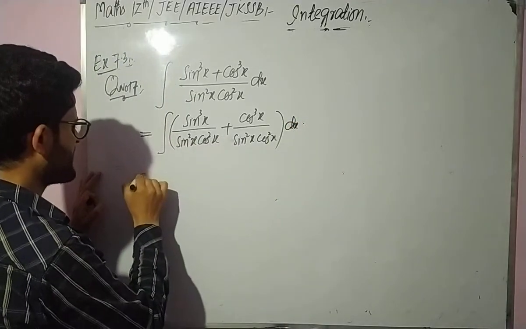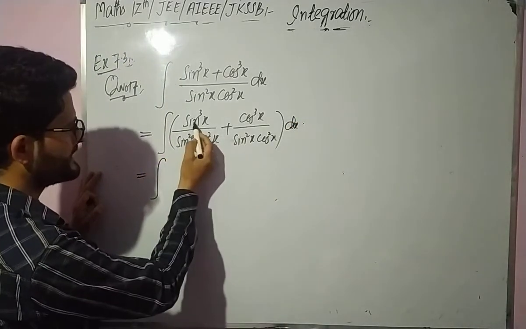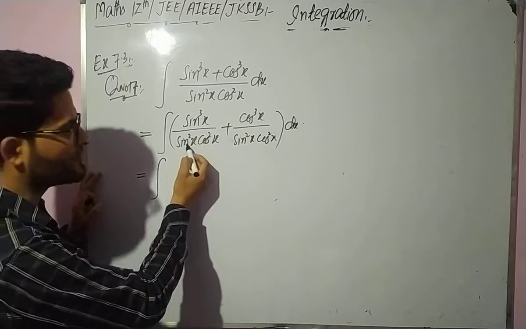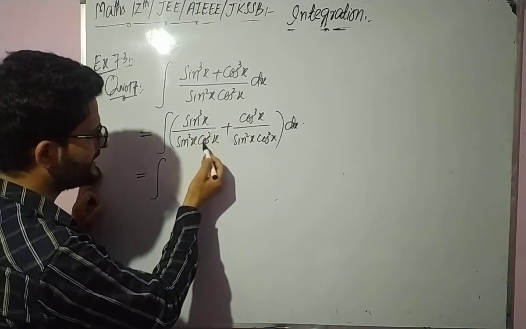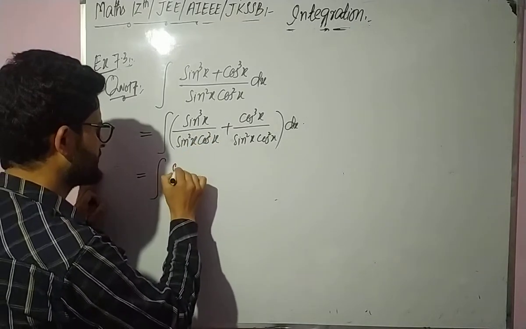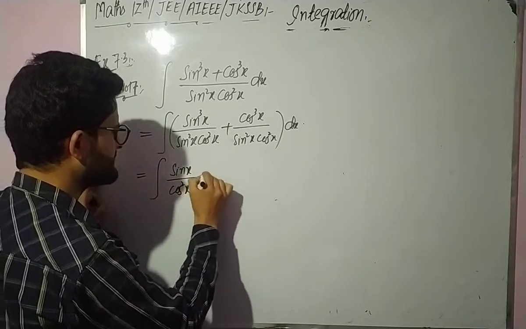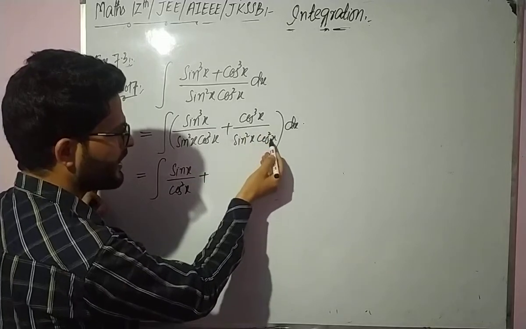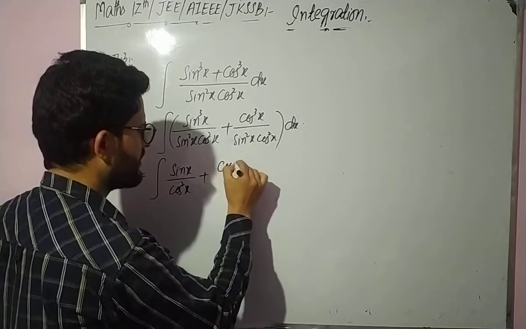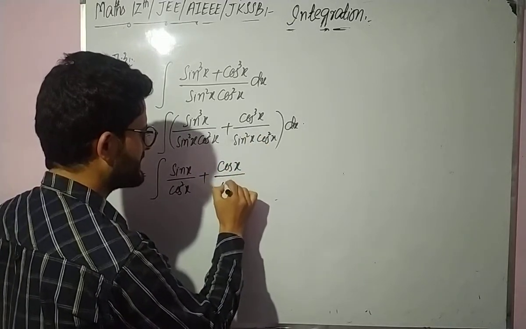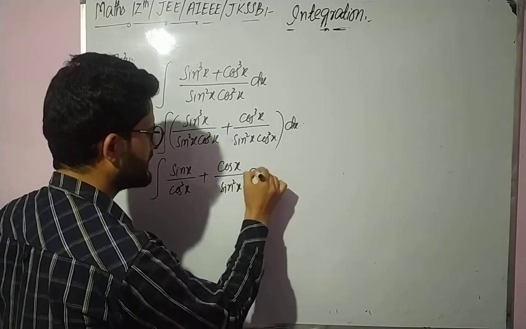Now that can be further written as integration of sine cube divided by sine square will give us sine x divided by cos square x, plus cos cube by cos square, so it will give us cos x divided by sine square x, dx.